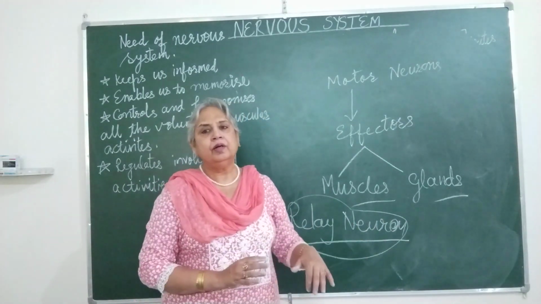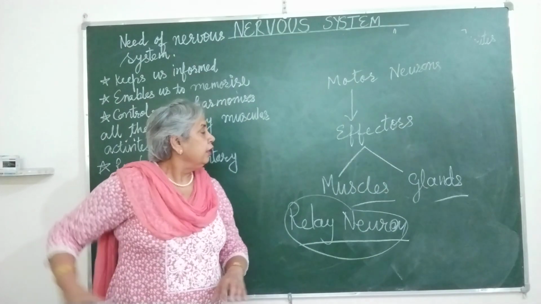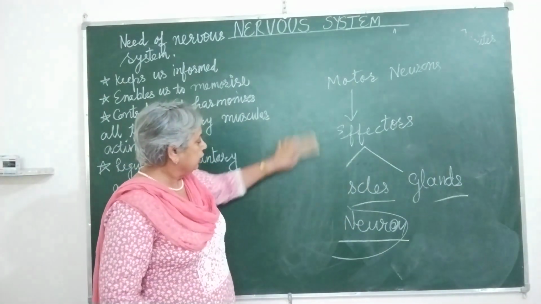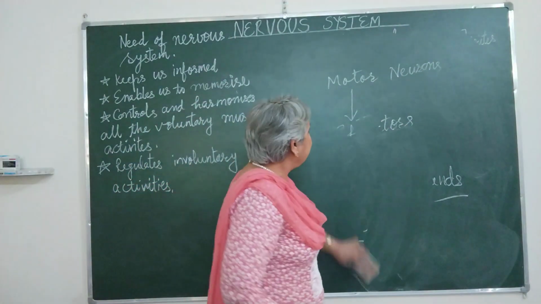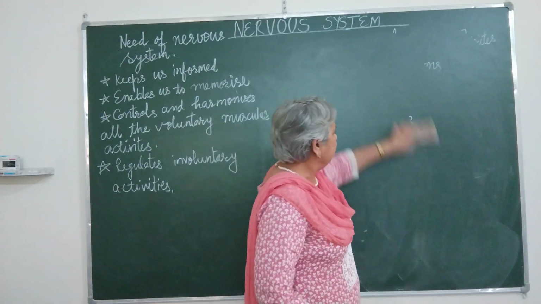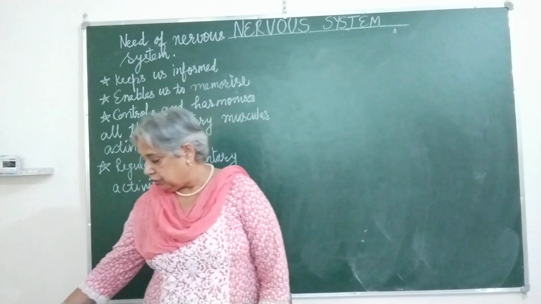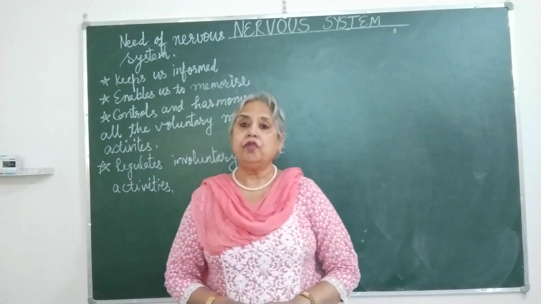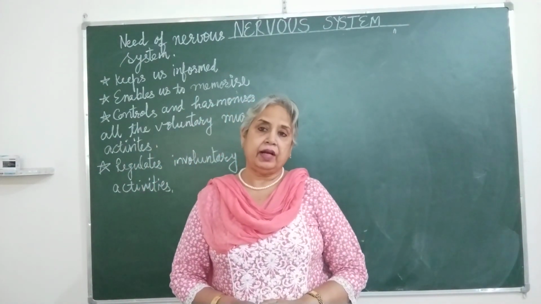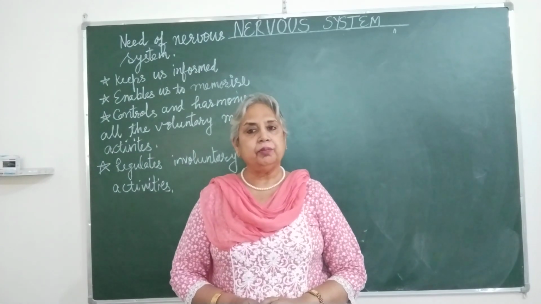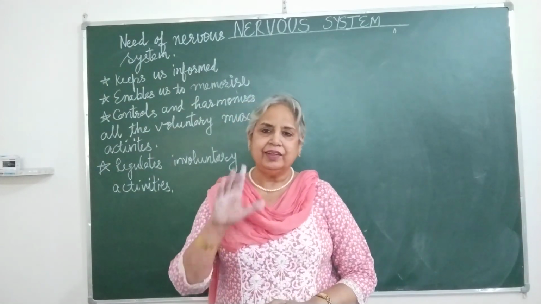So this is the pathway. Okay. So this is how the person interacts with the stimulus and responds to the stimulus. So the next topic is of reflex action, reflex arc. So that we will be doing in the other video. Thank you.